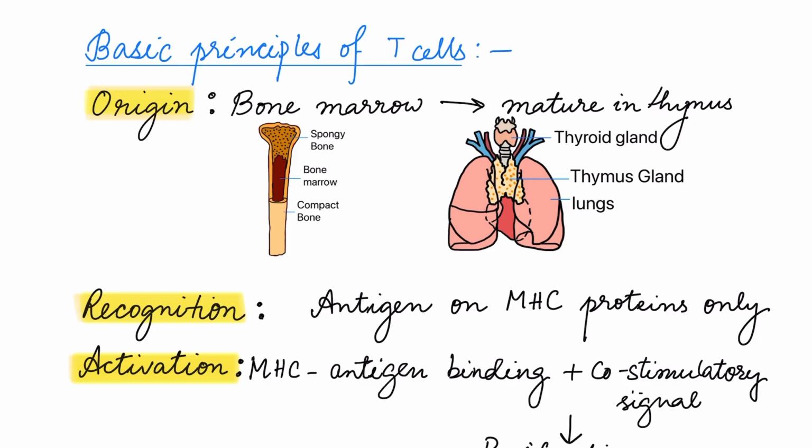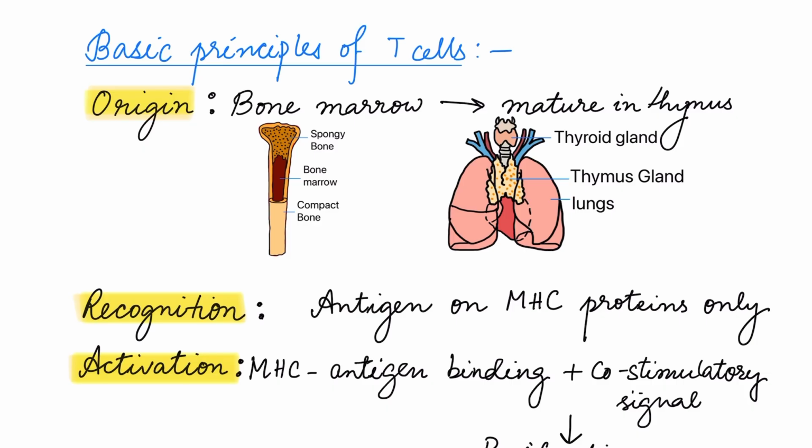When both these signals are received, the T cell begins to proliferate, meaning divide rapidly, and differentiate into effector or memory cells. This dual signal system ensures that T cells respond only when truly necessary, preventing unwanted activation.